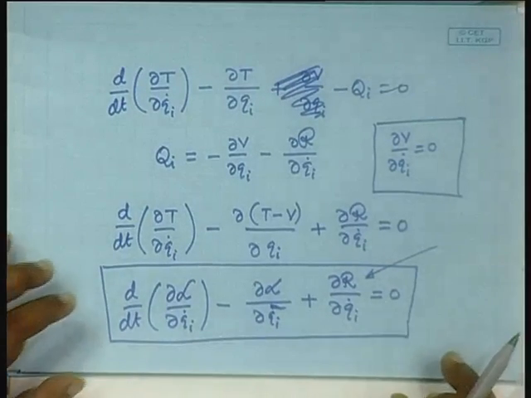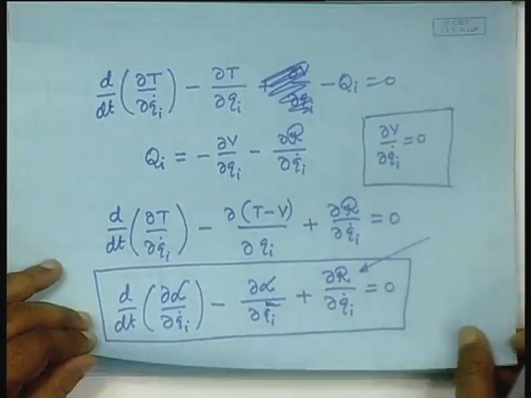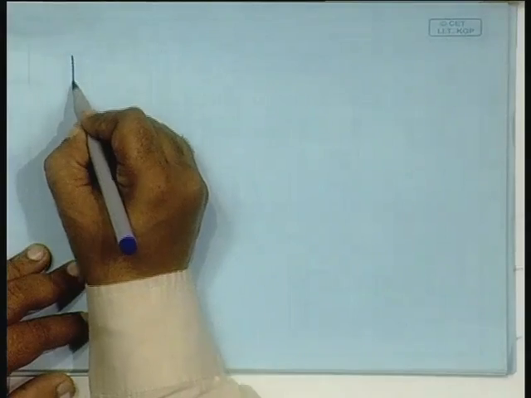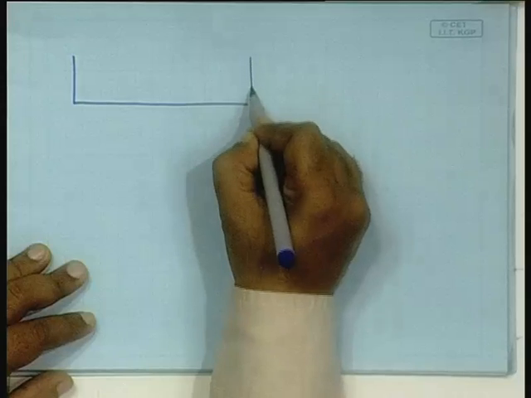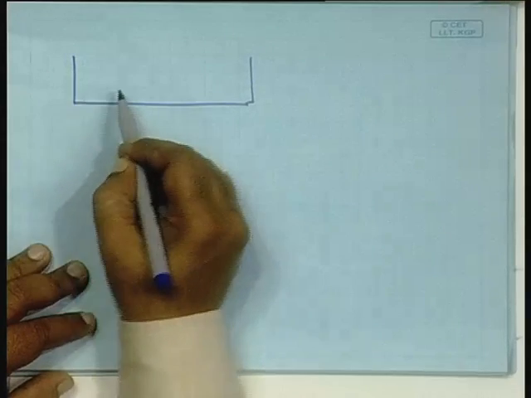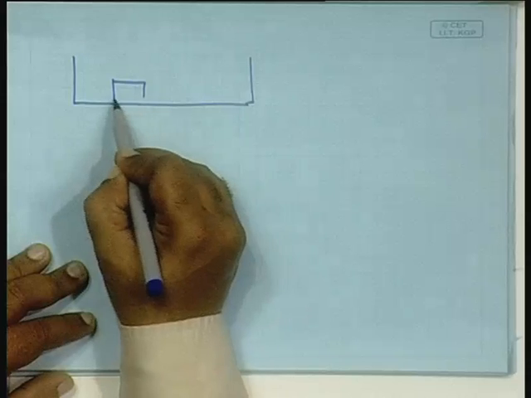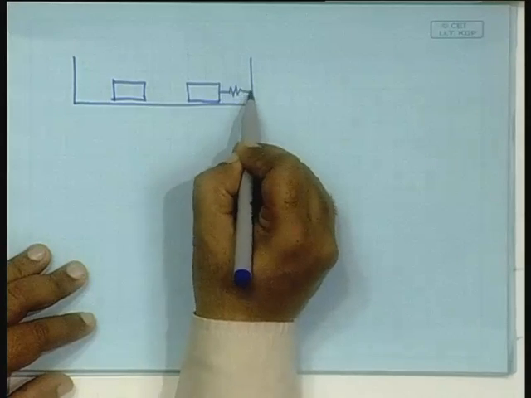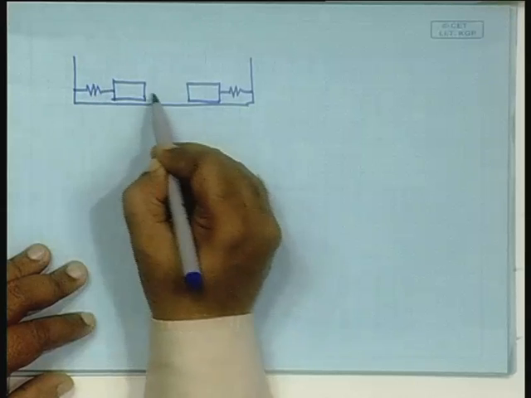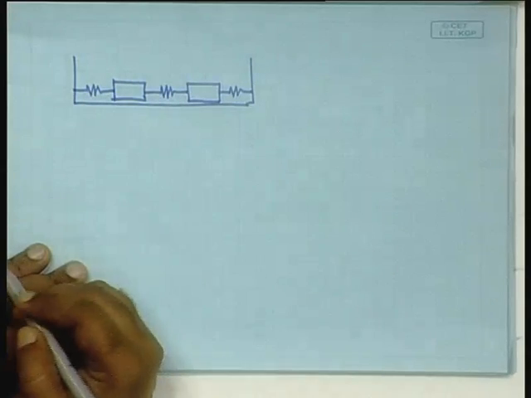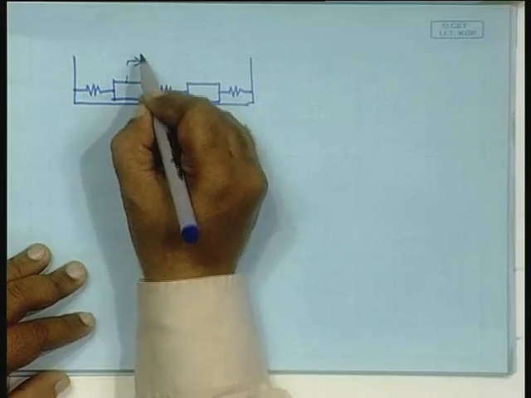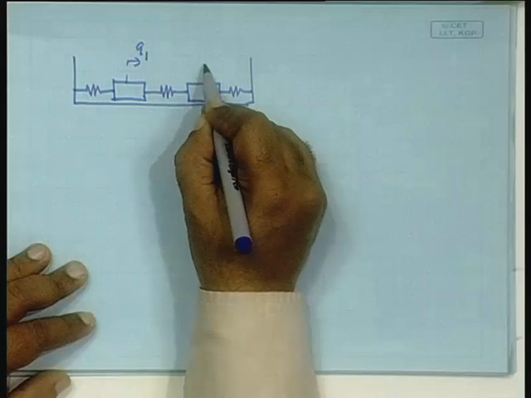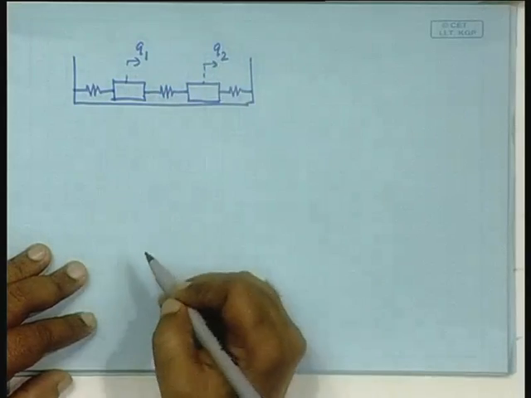Fine, let us now see a few examples of how this can be done in a practical system. First, we had already considered this system, a two-dimensional oscillator, there are two position coordinates q1 and q2.